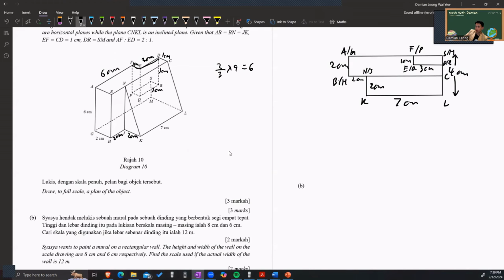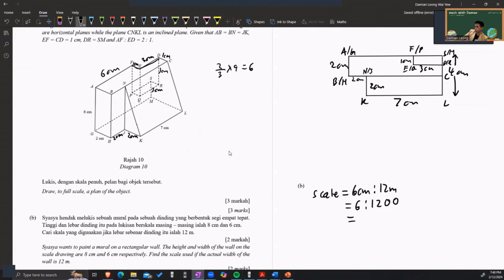Basically, if I compare the width, okay, scale is the same as the drawing length, 6 cm, to the actual length, 12 meters. But when we compare, we need to use the same unit. So meters change to cm.